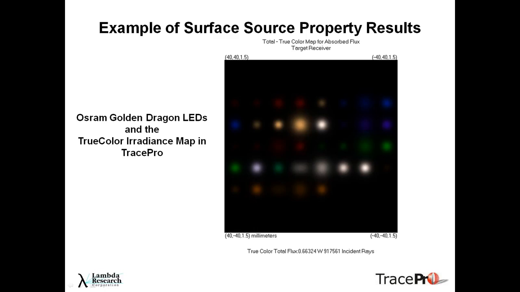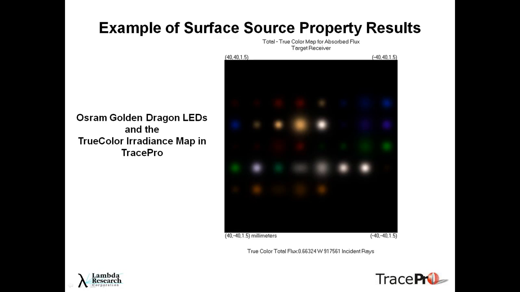A quick slide that I like to use in some of my demonstrations: I made a model with about 40 objects in it, and I applied a different surface source property to each one, in this case from the catalog that's in TracePro, the Osram Golden Dragon LEDs. I ran the ray trace and looked at the results in true color.